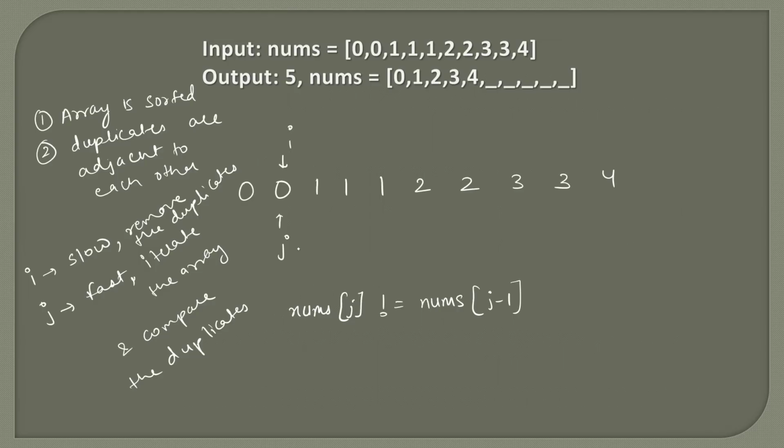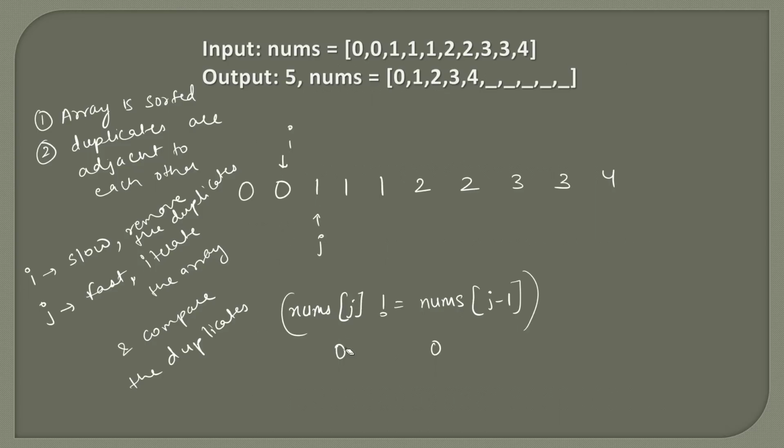So at the start, the value at jth index is 0 and the j minus 1th index is also 0. So here 0 is equal to 0. Therefore this condition comes out to be false. So whenever this condition comes out to be false, we actually do nothing and we simply move j to its next index. So j will come to the second index.